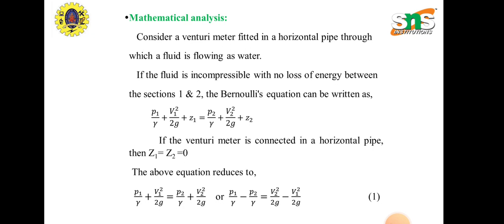If the venturi meter is connected in a horizontal pipe, then the datum head is 0, Z1 is equal to Z2 equal to 0. So the above equation reduces to P1 by gamma plus V1 square by 2g equal to P2 by gamma plus V2 square by 2g.